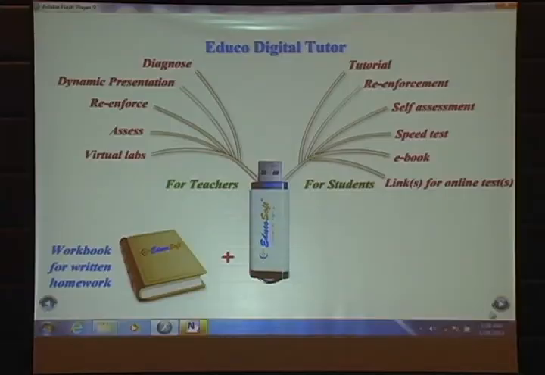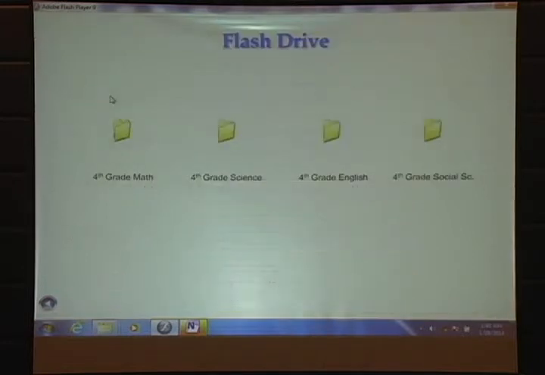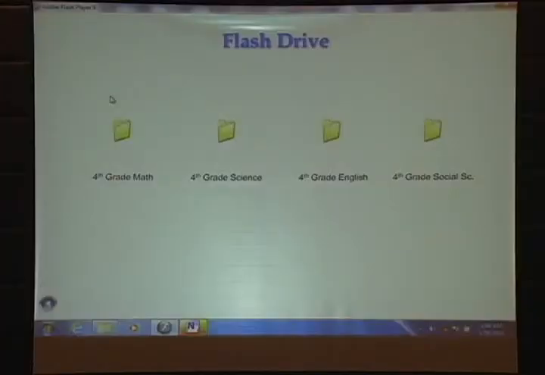So, how does it look like? The moment you stick the flash drive inside your USB port, you will see, for example, 4th grade. You click on math, 4th grade. If I'm a 4th grade student, I put my flash drive in, I will see these 4 subjects: math, science, English, social studies.